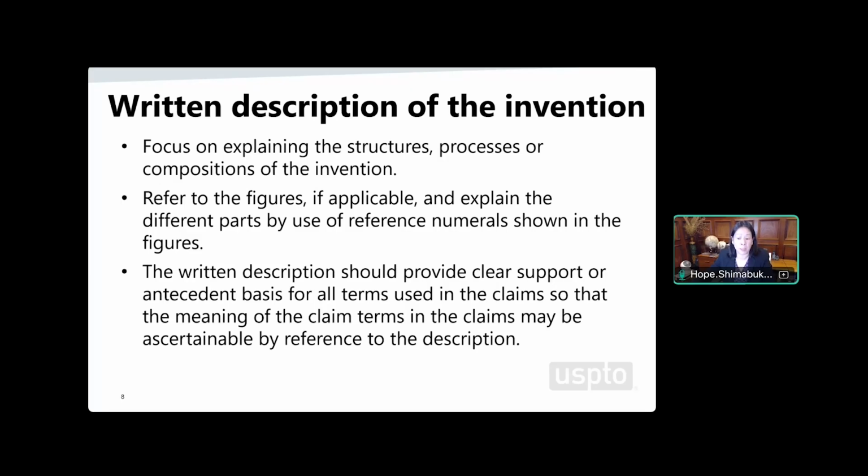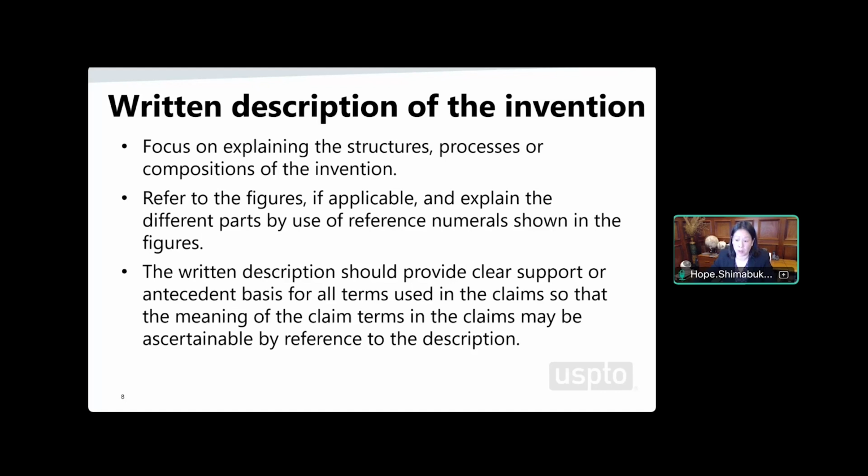And if you invent some composition of matter, you should explain the composition with details like the different layers or each of the molecules and how they're interrelated. And sometimes chemical diagrams would aid in describing the invention and should be included.